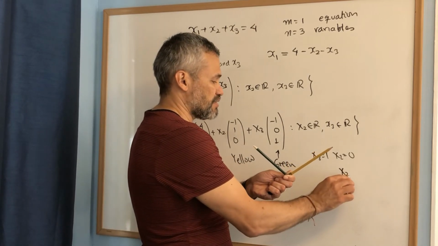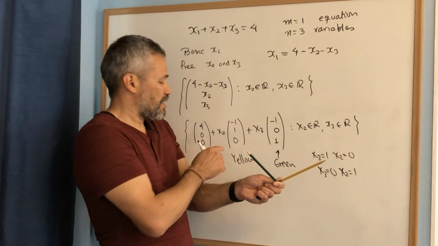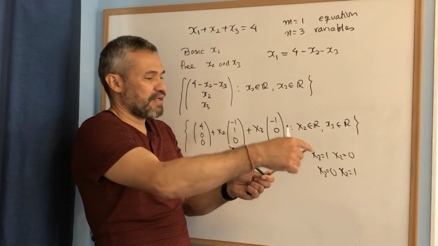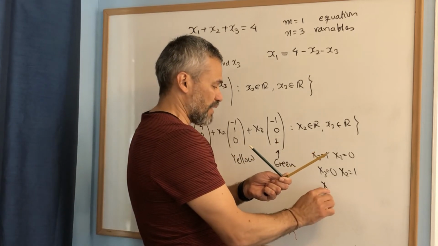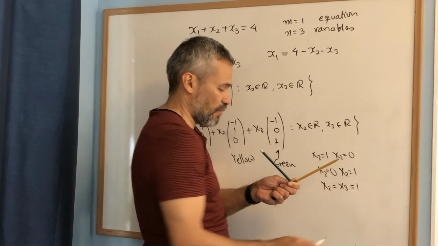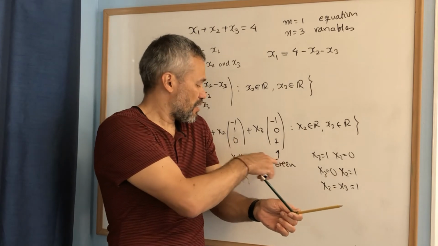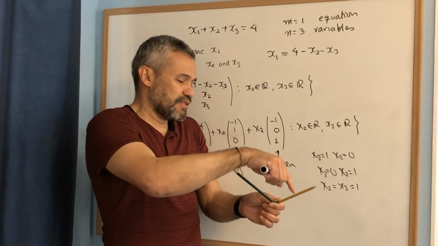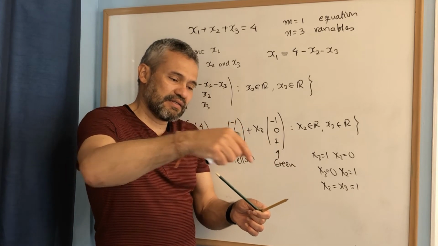If x2 is 1 and x3 is 0, that means that we are here at the end of this vector. What happens when x2 and x3 both equal 1? Where are we? What is the sum? Then essentially we are doing this vector plus this vector, and we end up at this point here.